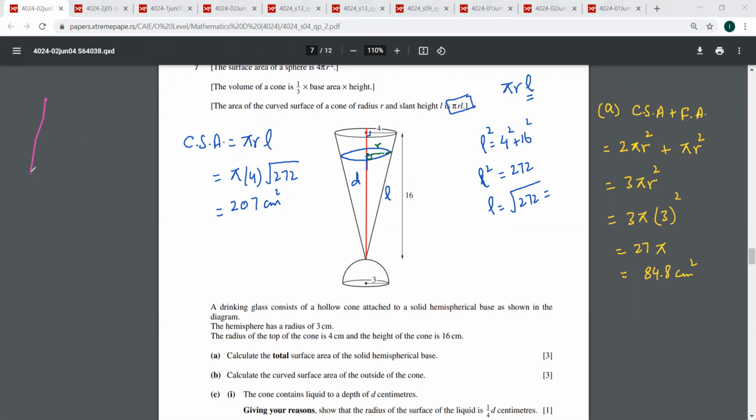When you have two similar triangles, remember, let's say this side is L1, this side is L2, and this side is B1, and this side is B2. The whole bigger triangle has this side. Then L1 over L2 is going to be B1 over B2.